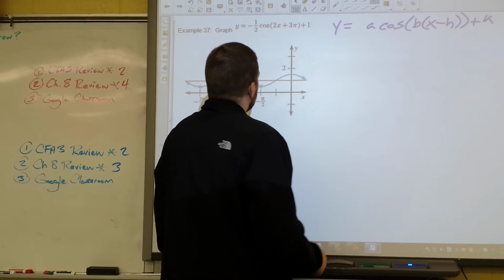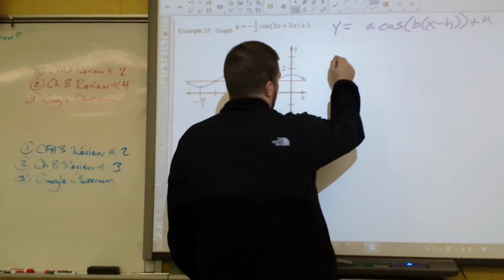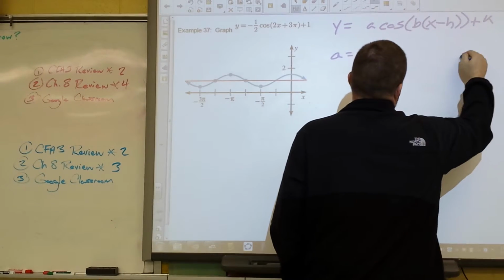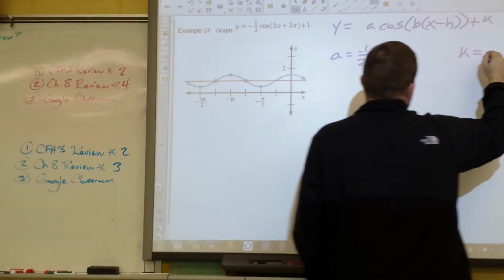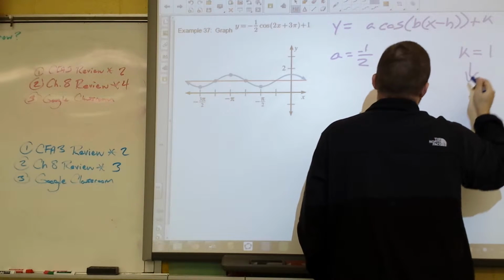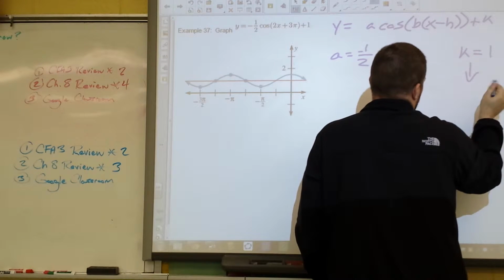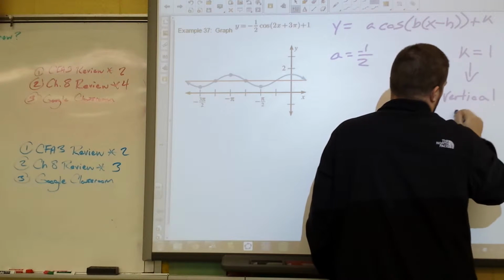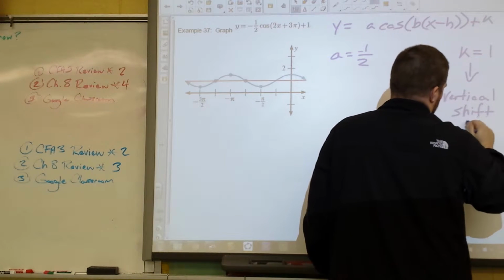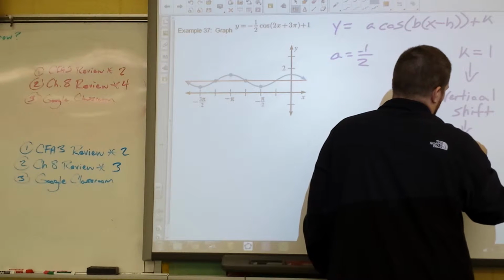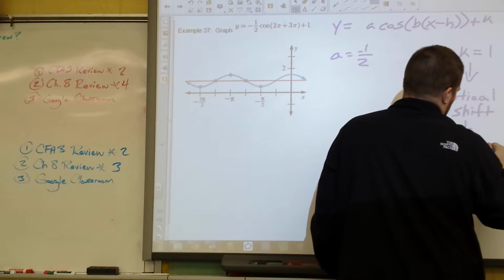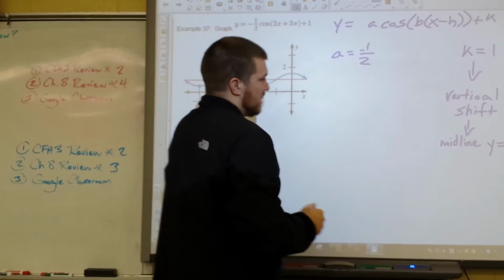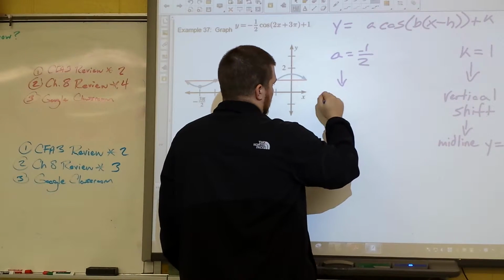Alright, so based on the number in front of the cosine, I know that a is -1/2. I know that k, the number outside by itself, is 1, and that tells me there is a vertical shift, and I also know that the midline for this wave has gone up to y equals 1. Since a is negative, I know there is, yes, a reflection.